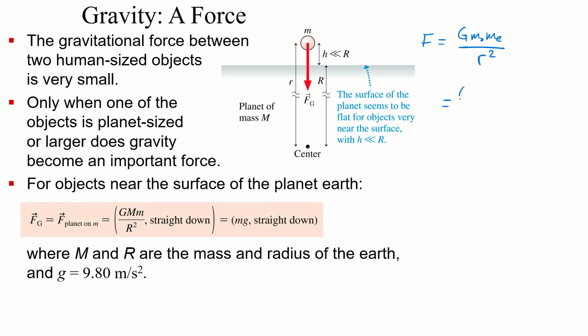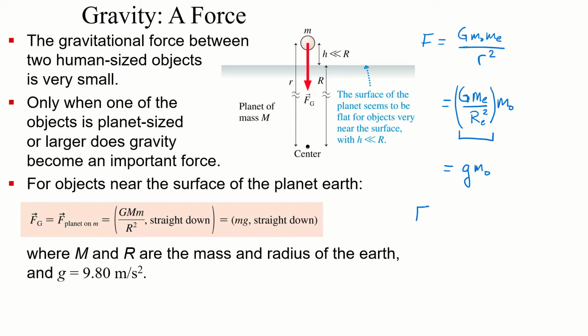So we can take those numbers that are going to be roughly the same for anything near Earth's surface, that G, the mass of the Earth, and the radius of the Earth squared, and factor that out, and then multiply by the mass of the object near the surface of the Earth that we're concerned with. Since these are going to be the same for essentially all things near the surface of the Earth, we can define a new constant, this lowercase g here, and multiply that times the mass of the object we're concerned with.